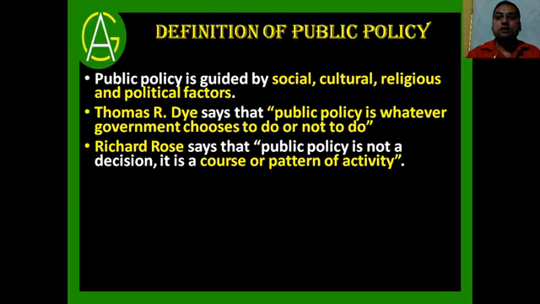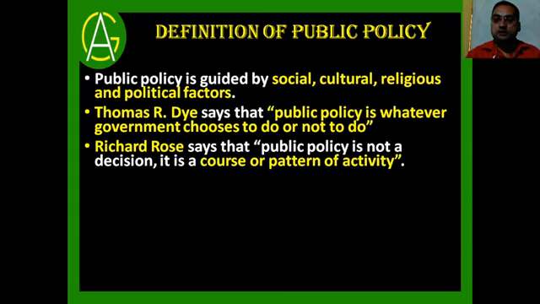Under industrial policy, government has taken several kinds of decisions. Say for example, which should be considered as a small industry, which should be considered as a medium industry, which should be considered as a large scale industry. These decisions are taken. Which industry should be given subsidy, which industry should not be given subsidy, on which particular industry more taxes should be charged, on which particular industry less taxes will be charged.